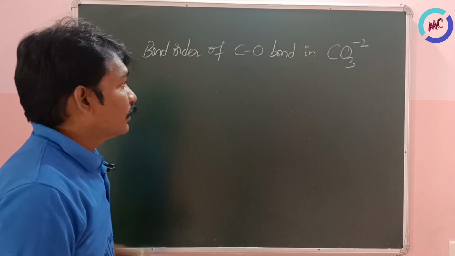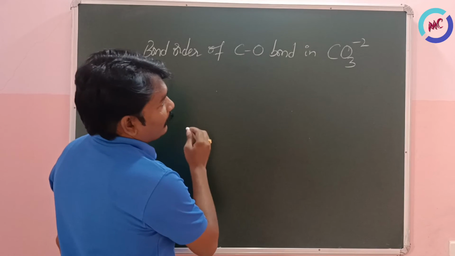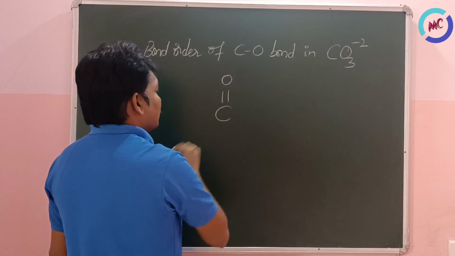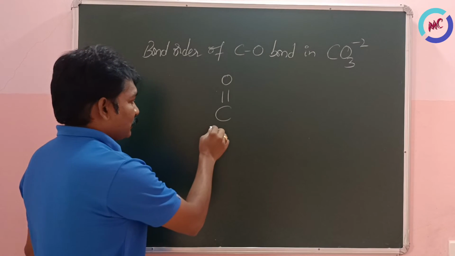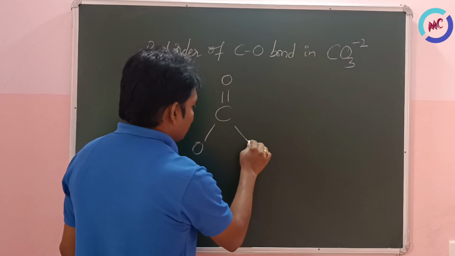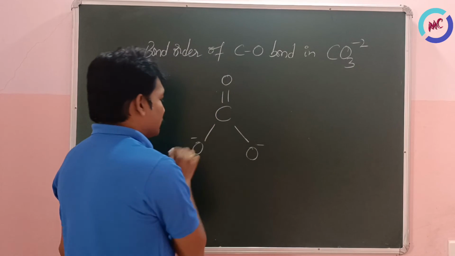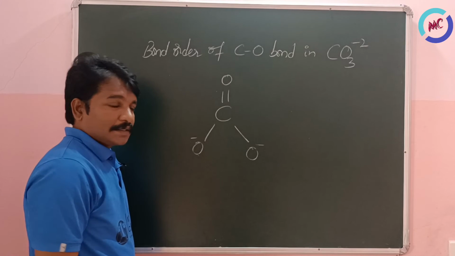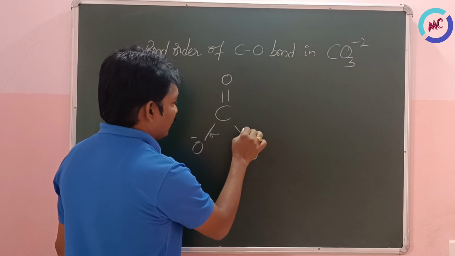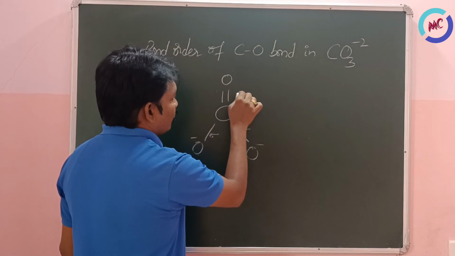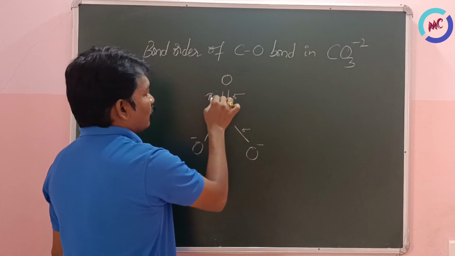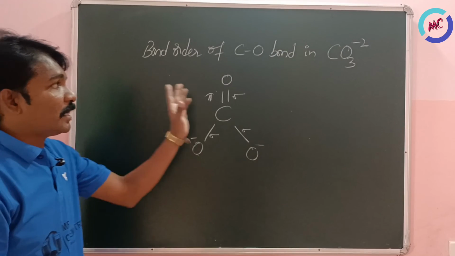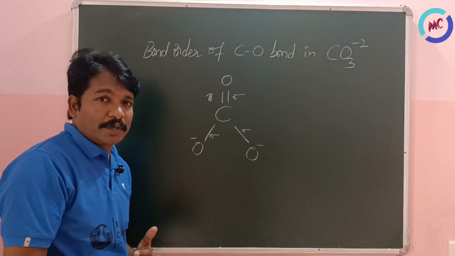See here, what is the structure of CO3 minus 2? Carbonate ion has a double bond with one oxygen, a single bond with another one, and a single bond with another one. Each has one sigma bond, and out of these, one has a sigma bond and one pi bond. In case of this type of molecules, how to find bond order?